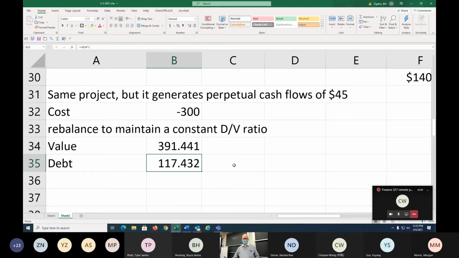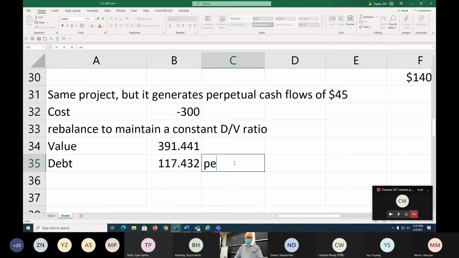So let's make a little note of that. Perpetual debt. What does that mean? Never matures.